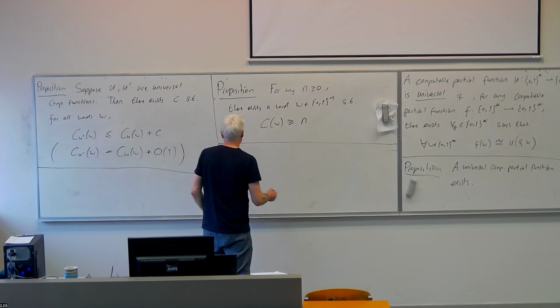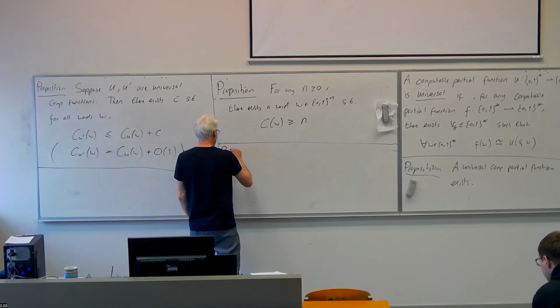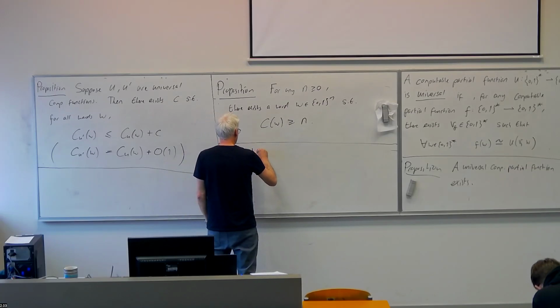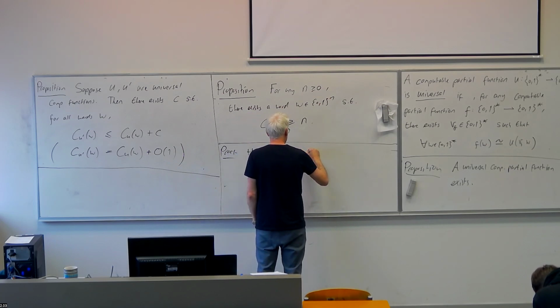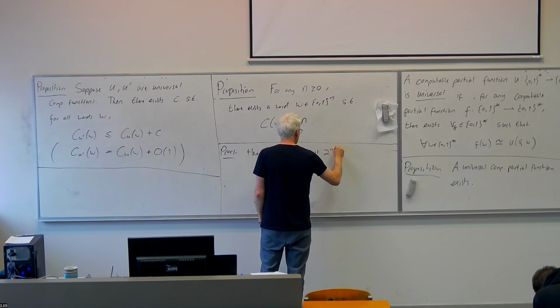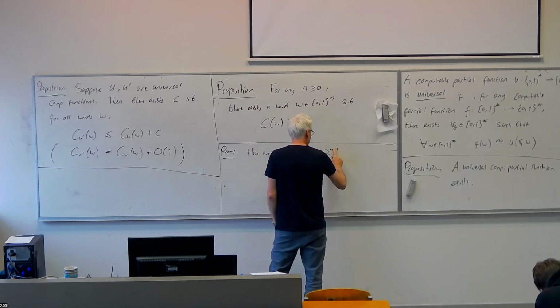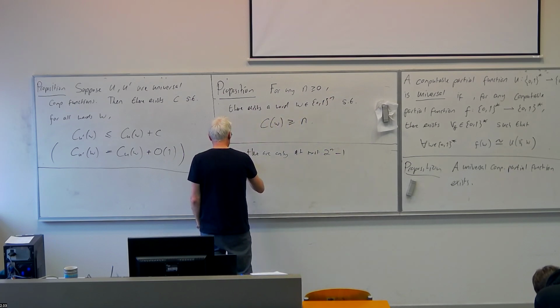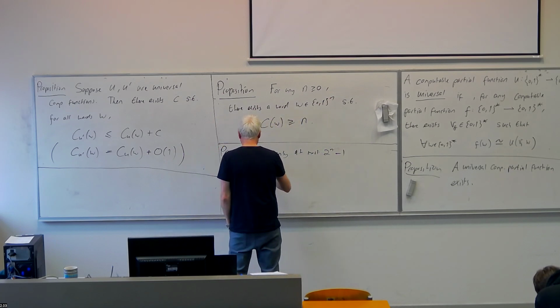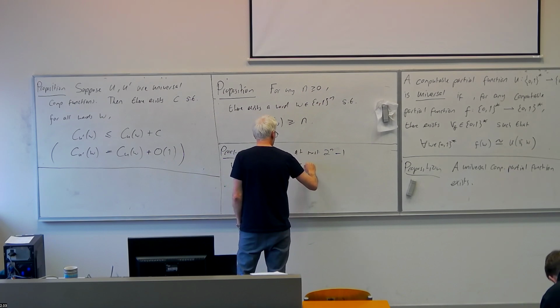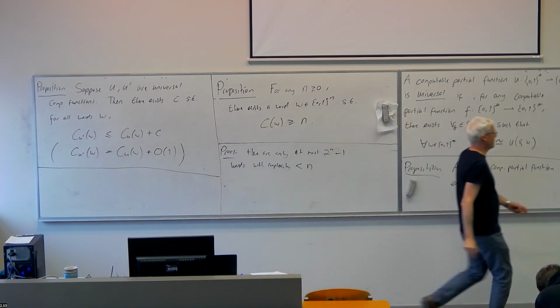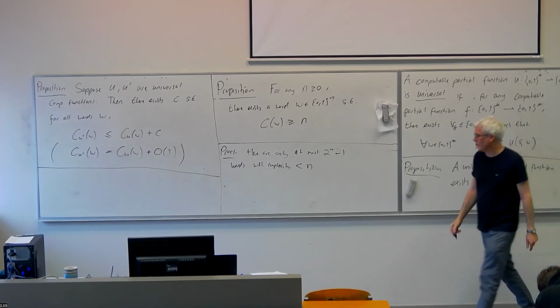Okay? So I'm not going to write the proof in detail, but there are only at most 2 to the n minus 1 words with complexity strictly less than n, because there are only that many different keys V available.